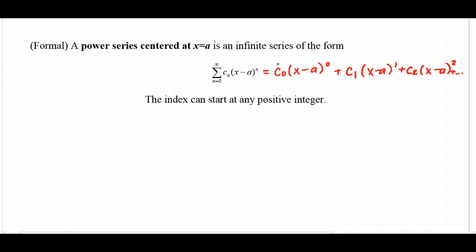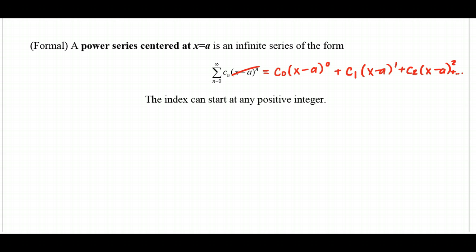And this c sub n is almost its own series. If I removed the (x minus a) to the n portion, the sum from n equals 0 to infinity of c sub n would just be an infinite series by itself. So the coefficients in front of the (x minus a) to the n term are themselves in the form of an infinite series.